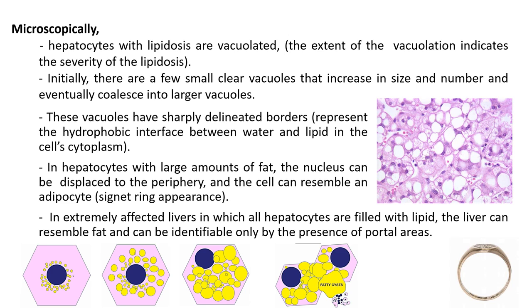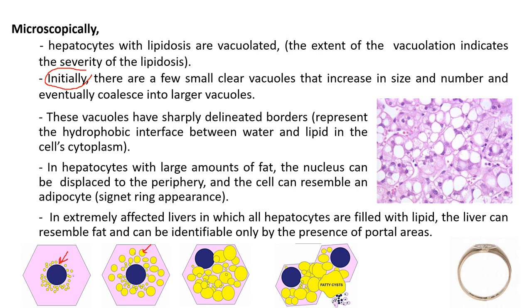Initially, this is how it starts. There are a few small clear vacuoles in the cytosol or the cytoplasm, and those vacuoles later increase in size and number and even coalesce into larger vacuoles, as you see here.